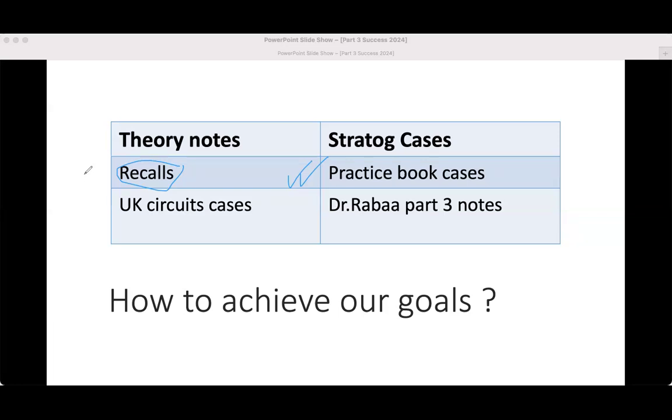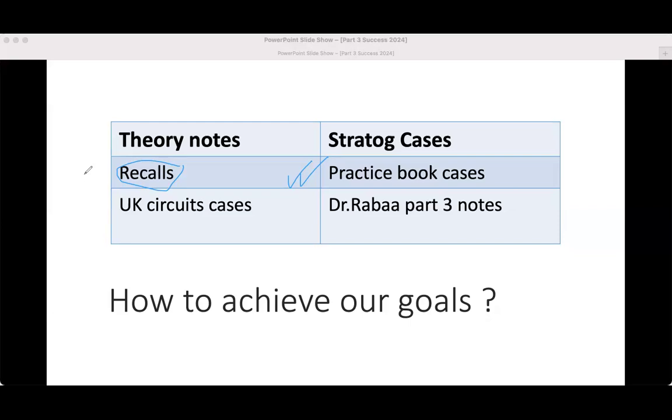We discuss the base knowledge and the concept, and the last thing we go through is the recalls, to know about the exam ideas. It's useful in the Part 2, but in the Part 3, it's mandatory. It's vital. You can't do Part 3 without recalls. That's it. That's why the whole course is based on recalls.